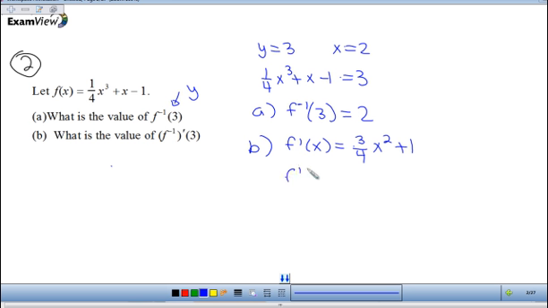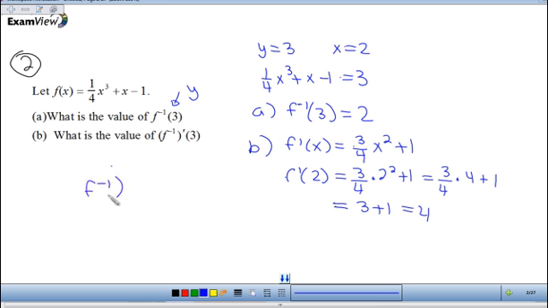We're going to find the derivative at 2, my x value. So I'm going to get 3 plus 1, or 4. Okay, so the derivative of the inverse at the y value is going to be the reciprocal. So 1 over 4.